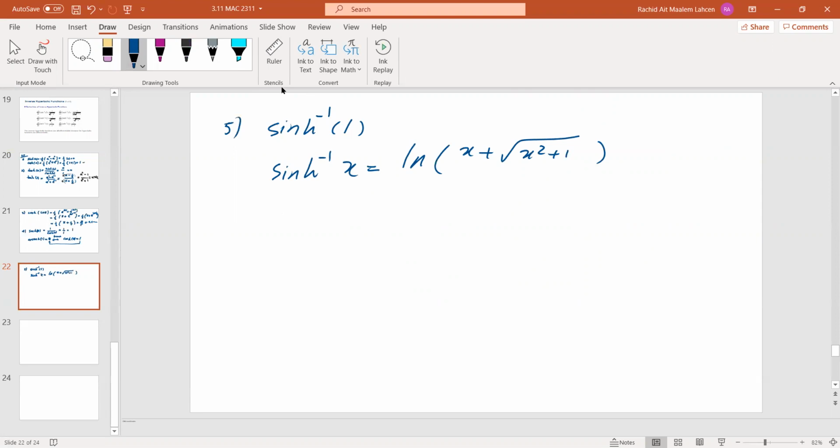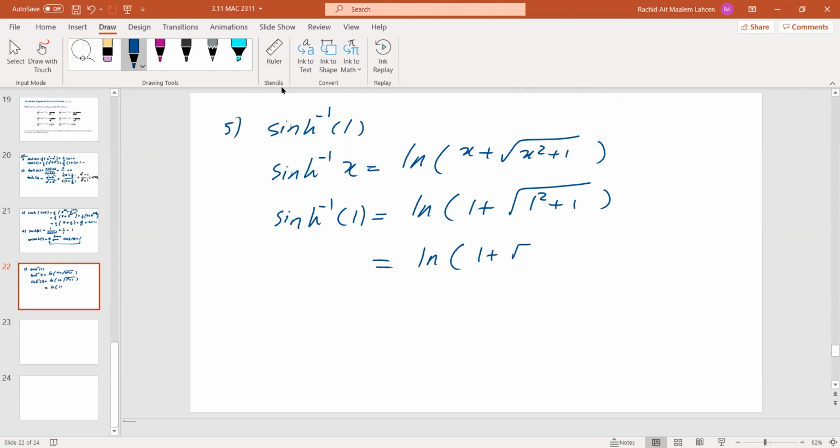So that's going to be ln of 1 plus square root of 1 squared plus 1, which is 1 plus square root of 2. And if we need some calculation, we can get some number like that.